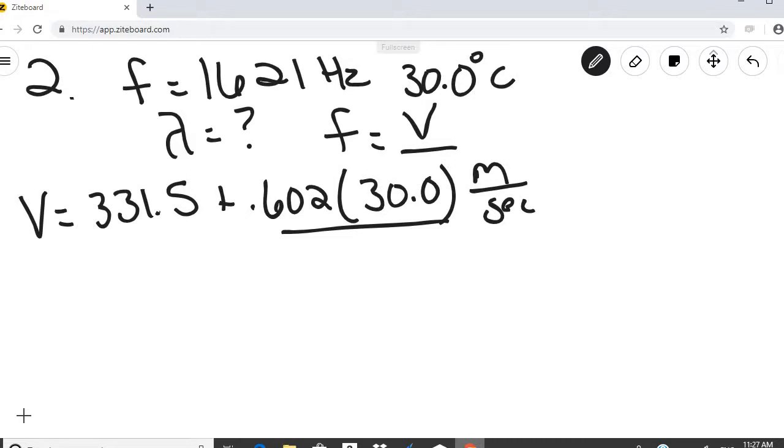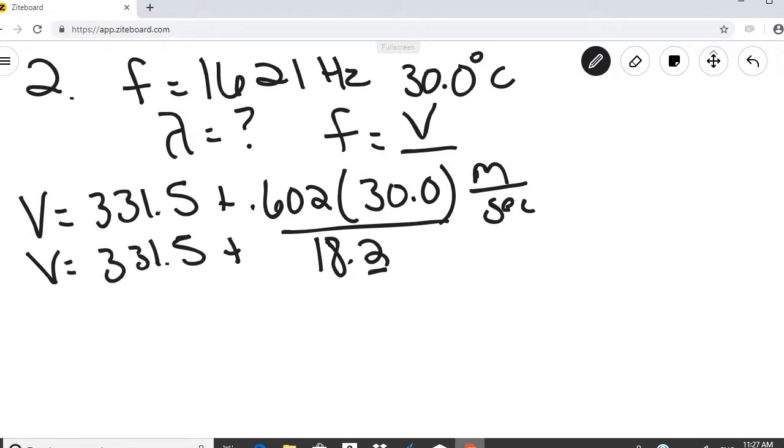So that is going to give us 18.2. And again, this is out to the tenths place, so when we add that to the 331.5, we'll take our answer out to the tenths place. So the velocity is 349.7 meters per second.